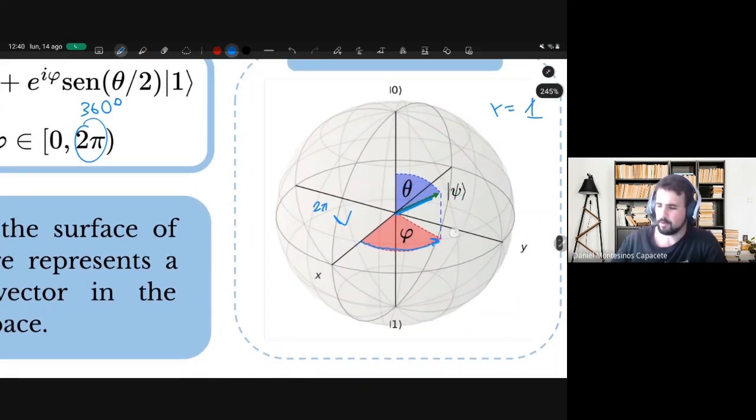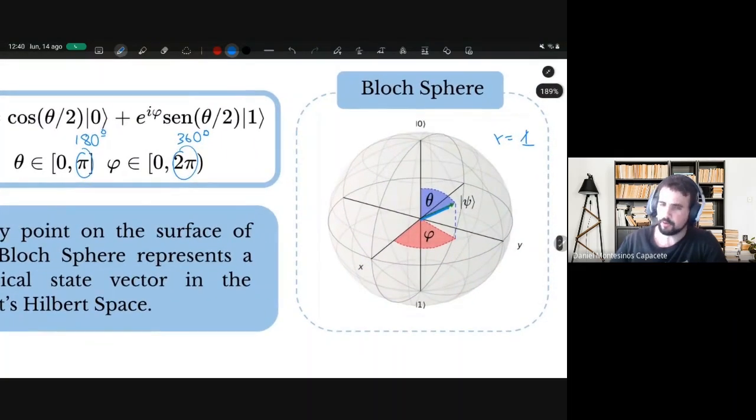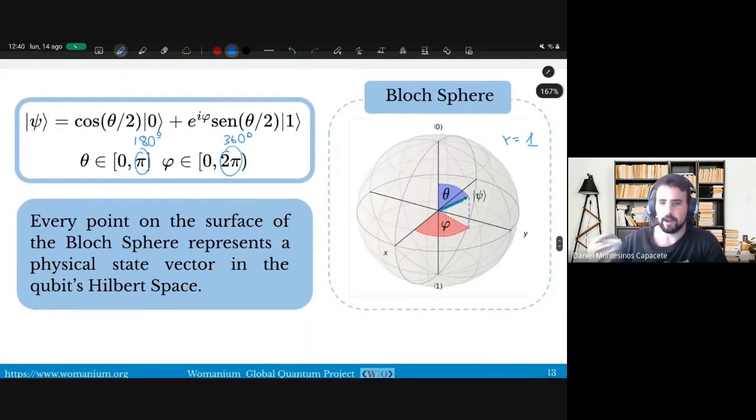So I hope now you understand a little more how this works with the angles, and also what I have already said, or you can read it written here. Every point on the surface of your Bloch sphere represents a physical state of your quantum system, right?